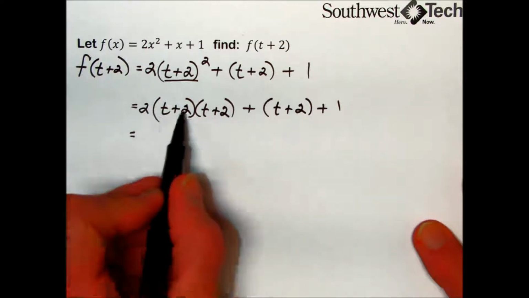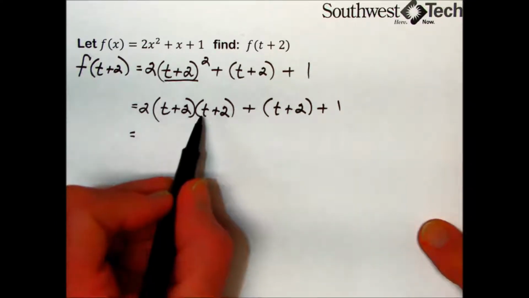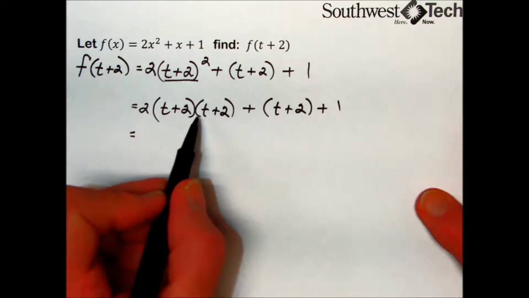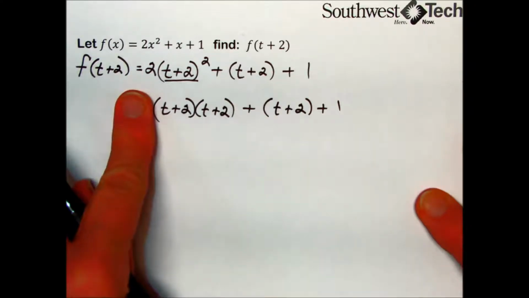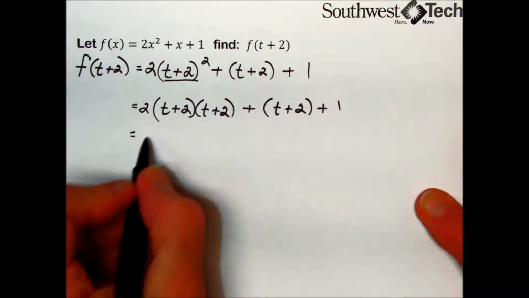We ultimately, by writing it out, I have 3 things multiplied together. We can only multiply 2 things together at the same time. My suggestion would be to multiply the binomials together first and then multiply everything by 2.